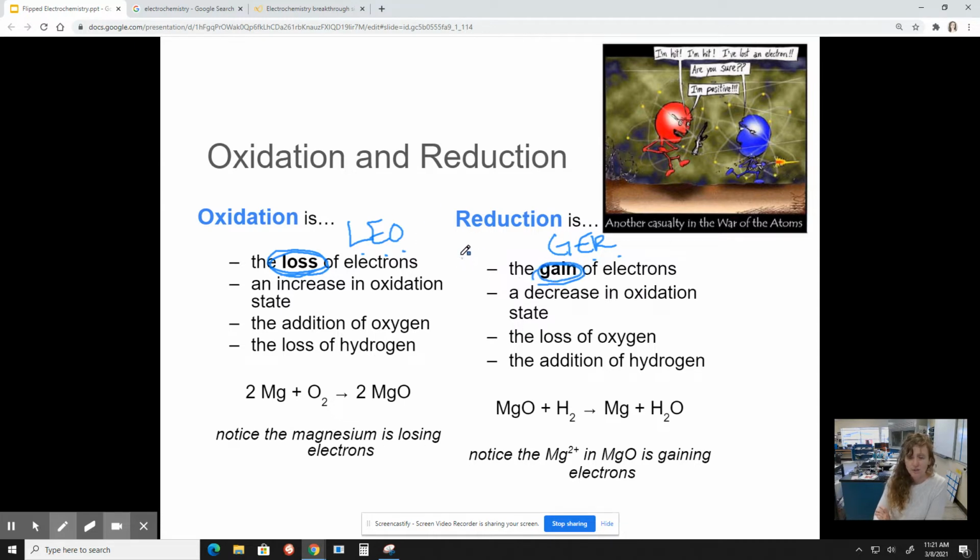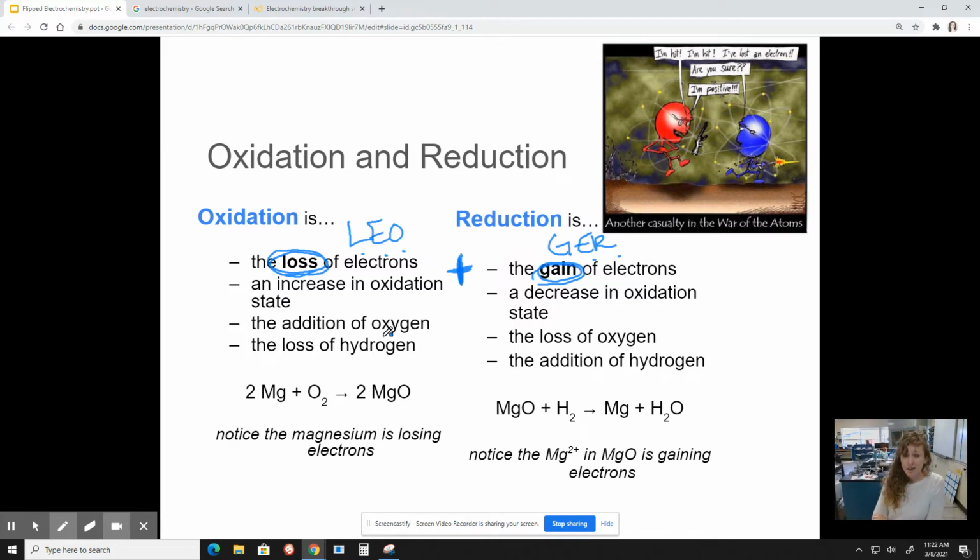And remember, these two things always happen together. If something is being oxidized, something else must be being reduced. Electrons don't just come out of thin air, and they don't just disappear into thin air. They have to come from a source. That's the loss of electrons. And then they have to go to another source. That's the gain of electrons.